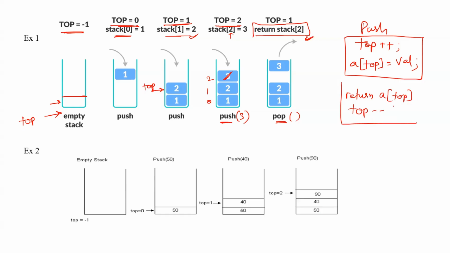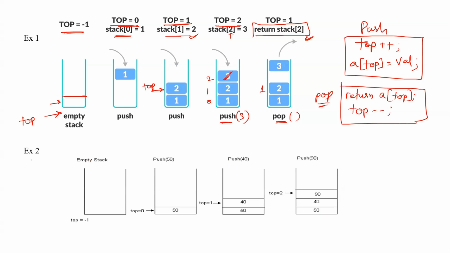When you perform the pop operation, these two instructions we are going to write. First is for printing the value of the deleted element. Second is top minus minus, which brings top back to the next level, or the previous index.